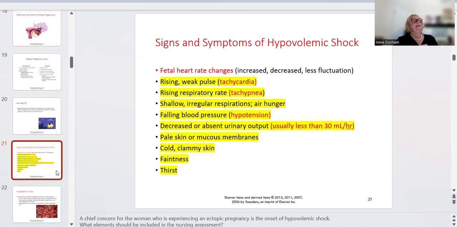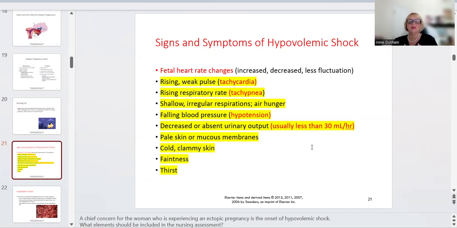Okay, so let's get out our thinking caps, and this is a really important slide, as you can see. These are the signs and symptoms of hypovolemic shock. When you have a med-surg patient, they can go into shock, right? Anybody that loses a lot of blood goes into hypovolemia, low blood volume.